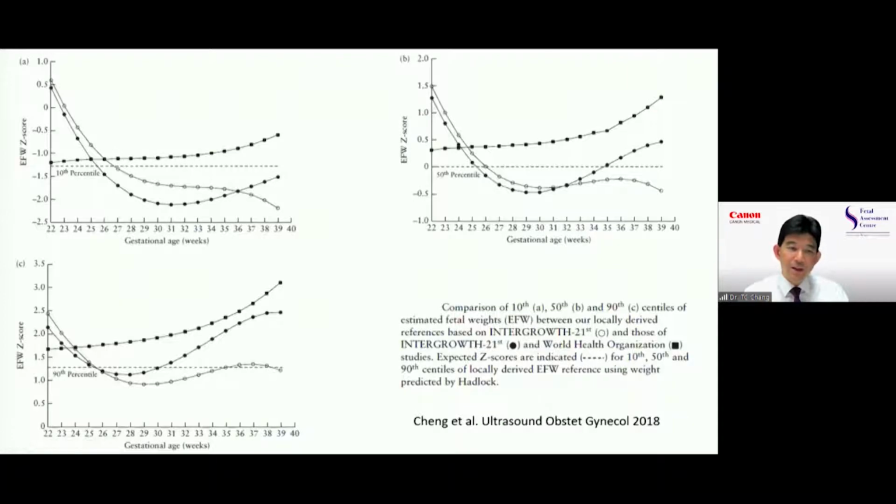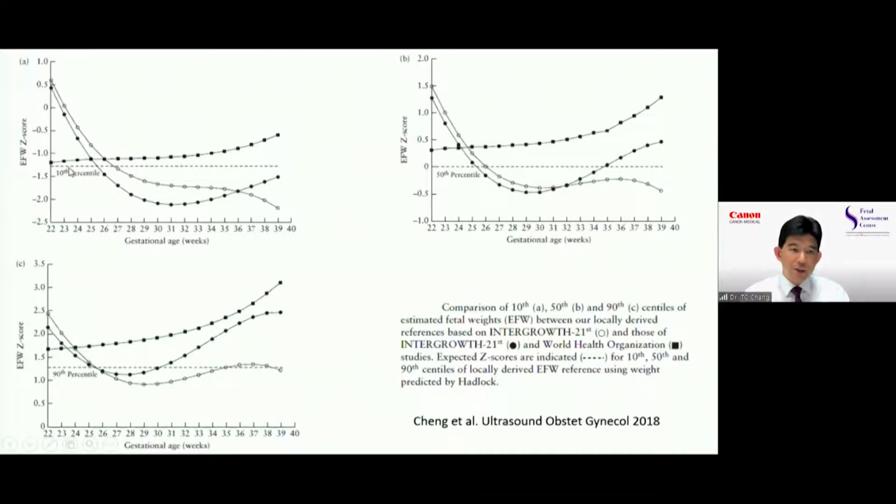Of course, the question then is which growth chart should you use? Well, this and the next slide are from a very elegant study done by the Chinese University of Hong Kong from Chang and colleagues. This is Daljit Sahota's group, where they showed very elegantly that there are huge variations in the centiles depending on which graphs are used.